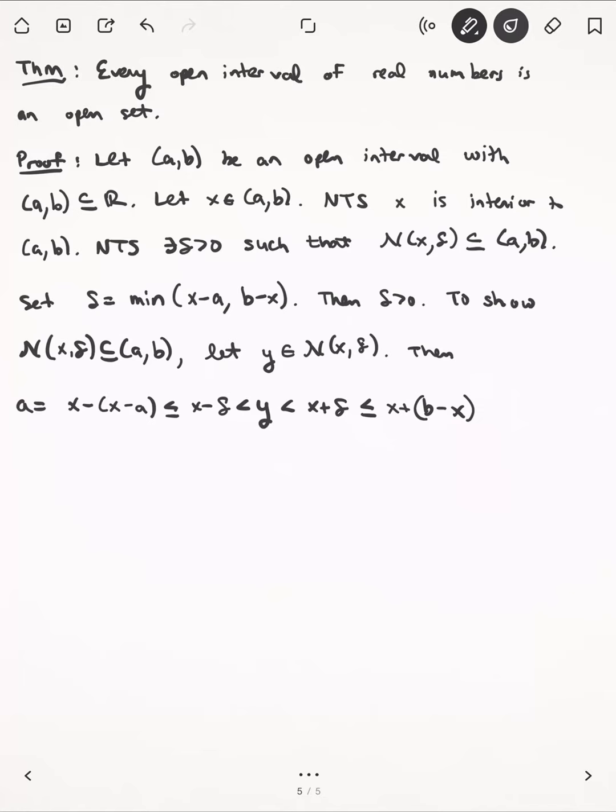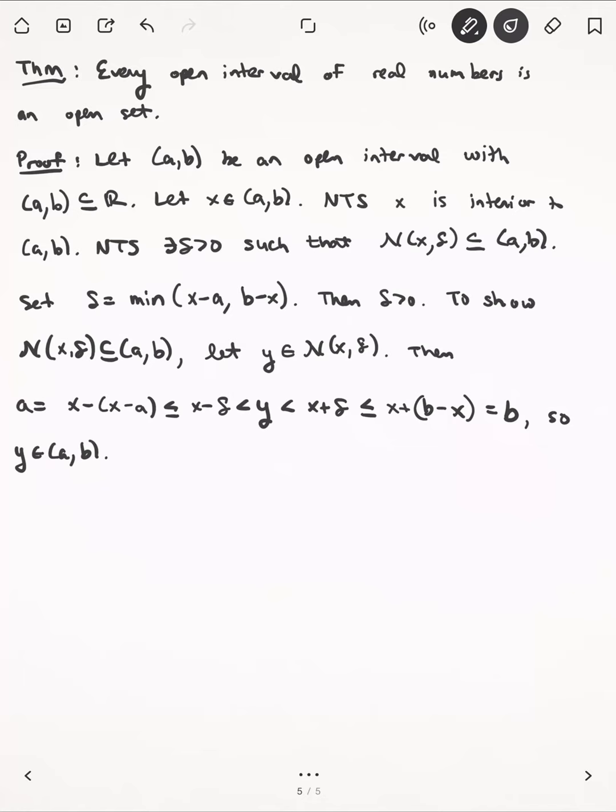But if delta is equal to x minus a, that means you've added a bigger quantity, b minus x. So it's less than or equal to b minus x plus x, which equals b. So y is in the open interval (a, b). And so that proves it. Okay, so straightforward, I think.